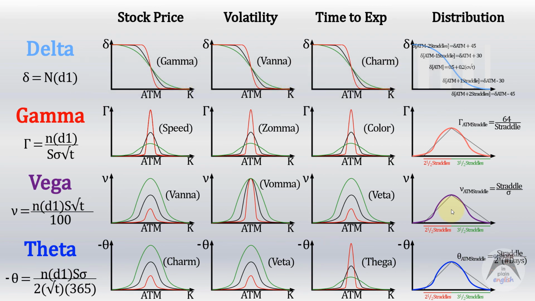There was a lot of information, and most of it you're probably not going to be using the formulas or anything like that, but you are going to understand how those Greeks move in time, in volatility, in stock price, so that as you have your positions and as time starts passing and as you become out of the money, in the money, or stay at the money, for example, you're going to have a good understanding of how your Greeks are going to move, and you're going to have a good feel for how your position is going to be affected as all these parameters start changing.